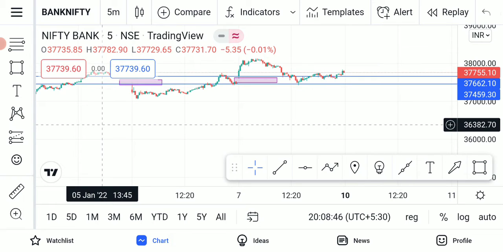Sometimes it will be below 50 only. So the premium is very low. If you buy many lots with a low premium, you will get more lots with a small amount of money and you will get more benefit.